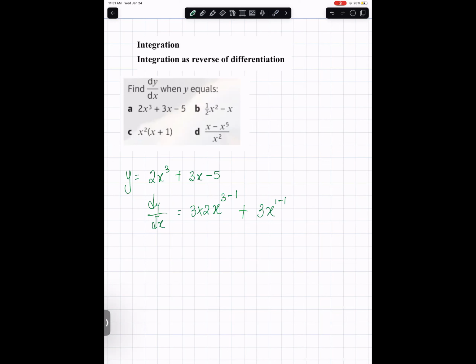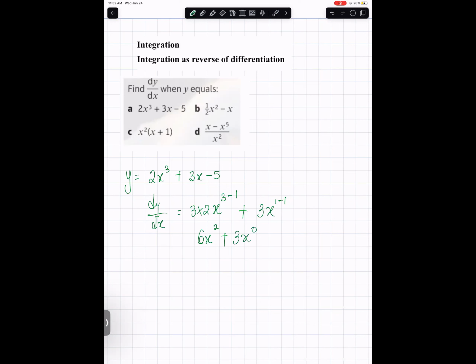Since this constant does not have x, we can't differentiate it because we are differentiating with respect to x. So we only look for the values that are with x. So this becomes 0 automatically, so it's out of whatever we are doing. So I have 3 times 2x squared, which gives me 6x squared, plus 3 times x to the power 1 minus 1, which is 0.